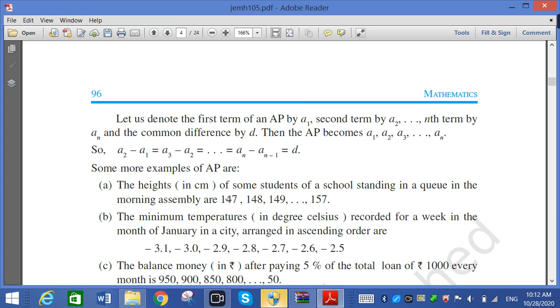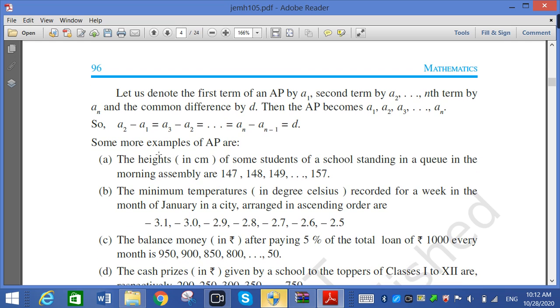Now some examples are right here. So the first term, from this question we can find out the first term A, that is 147. What is the meaning of difference? Second term A2 minus A1, so 148 minus 147, that is 1.